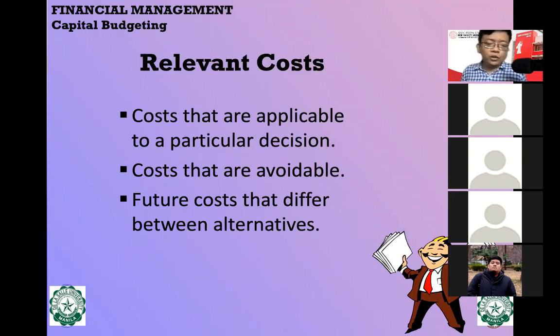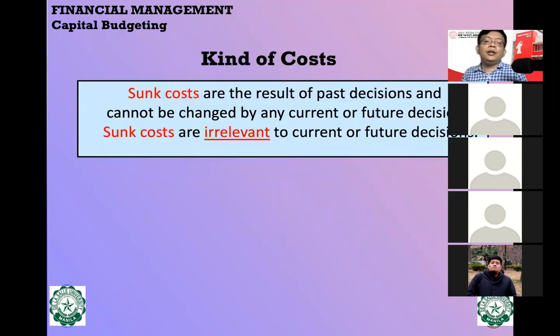Relevant costs are applicable to a particular decision, costs that are avoidable. Ito kanina, di ba? Yung ating repairs is a relevant cost because it can be avoided. Sunk costs, as discussed a while ago, are costs that result from past decisions and cannot be changed by any current or future decisions.